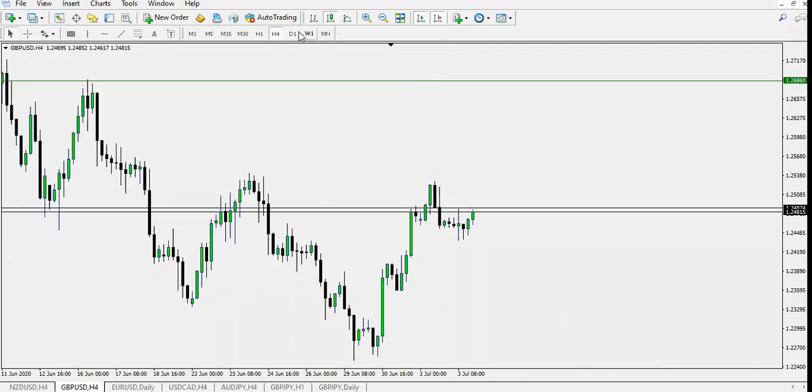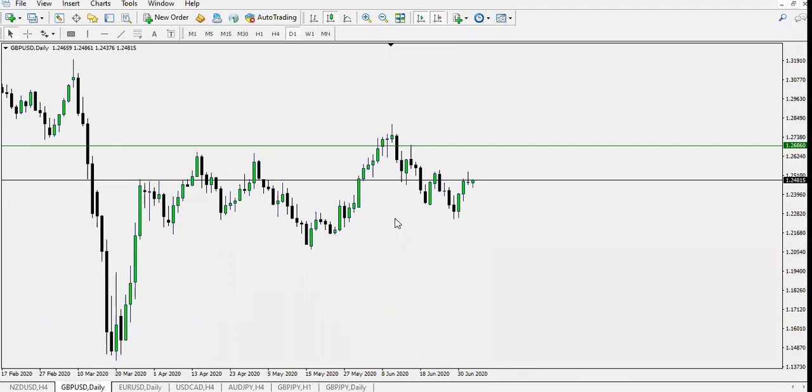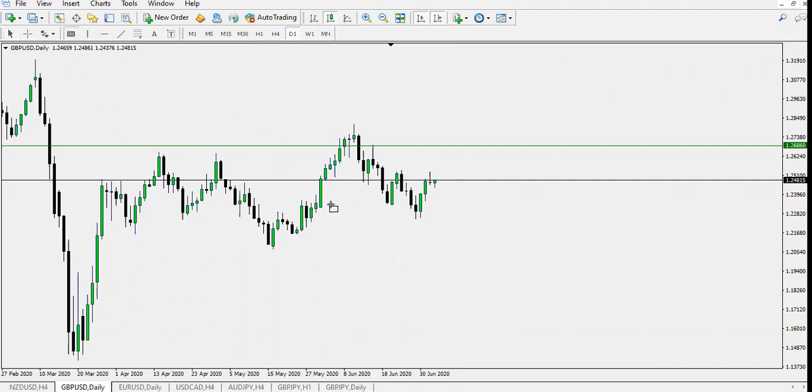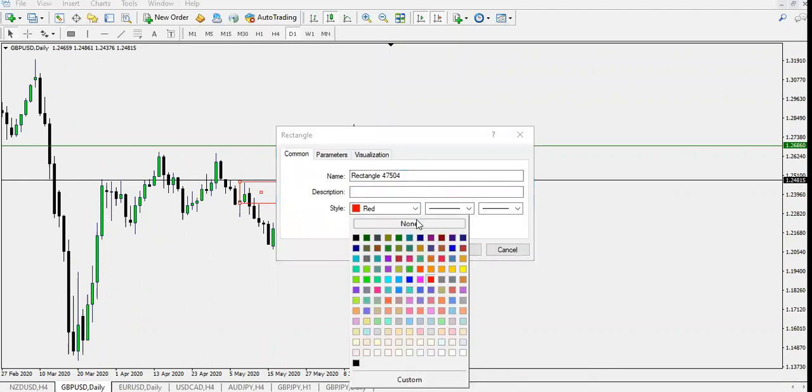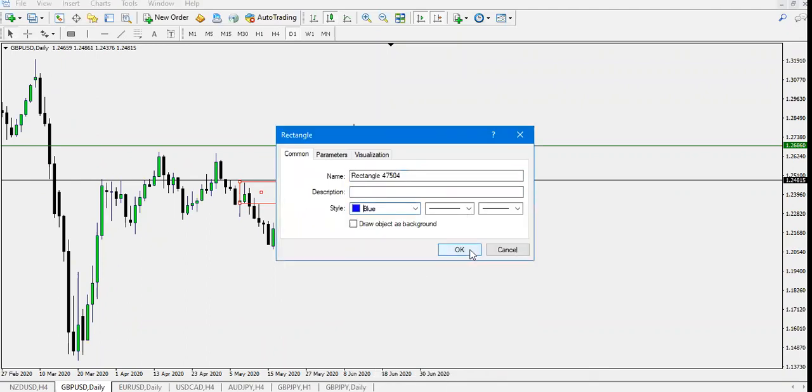And if we take a look at GU, GU was basically ranging as well. And if we follow the order flow, we will see that over here was the last bearish order block before the peak formation low.